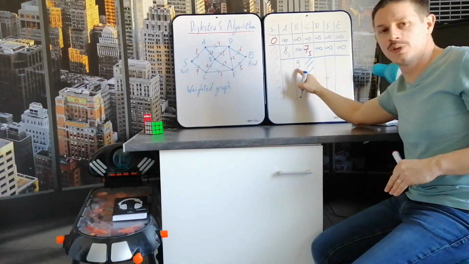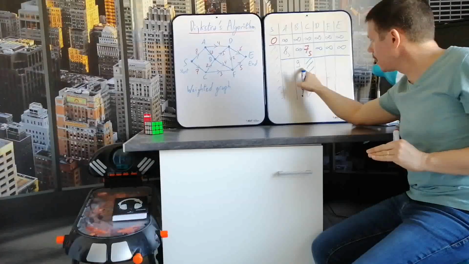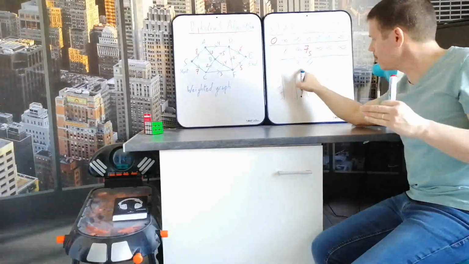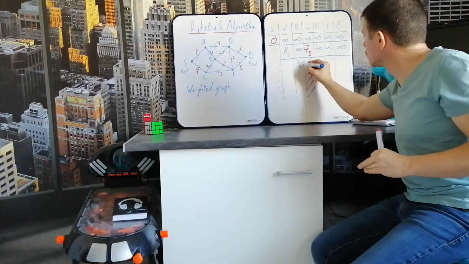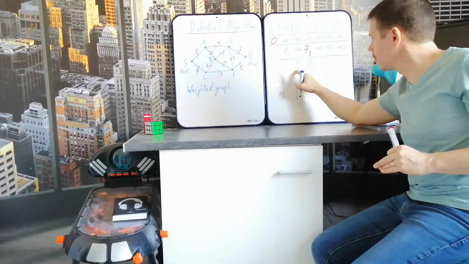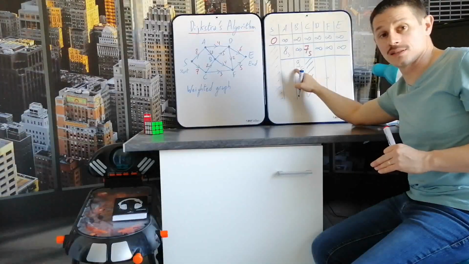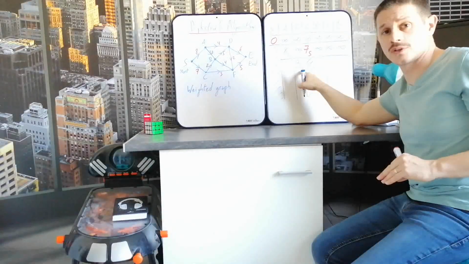The number will be the distance from the start, but here I will write again the letter of the last vertex, so I came from C. 9 is the total distance from the start, but here is the last vertex that I used.